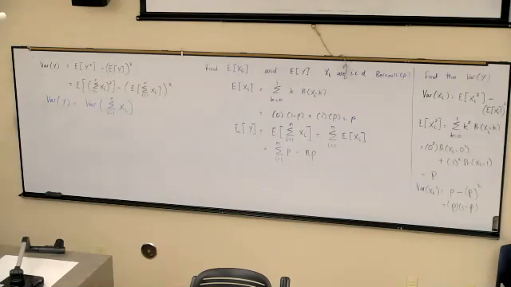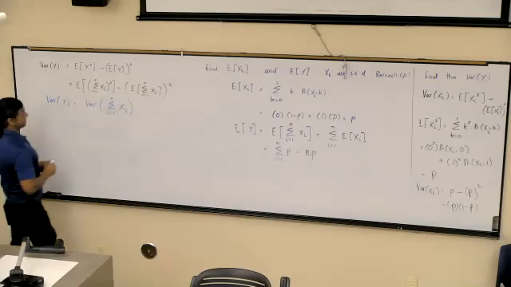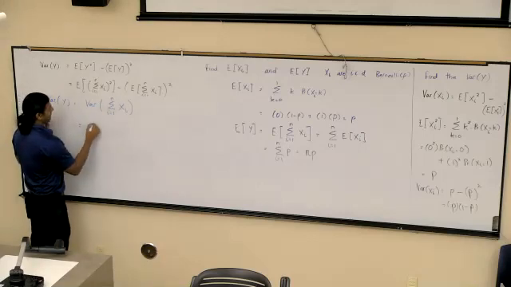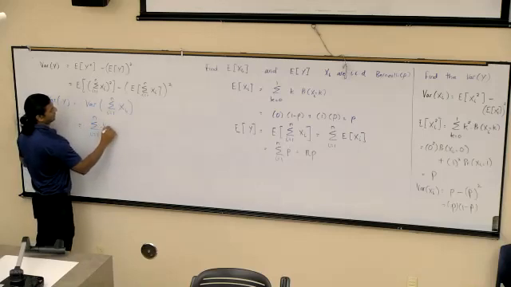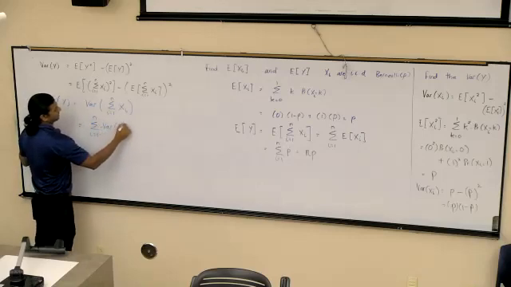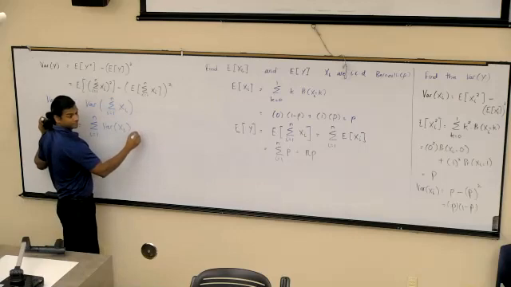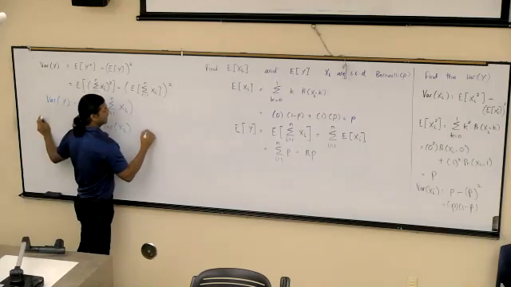What does it say? I can pull the sum out under one condition: if they are independent.